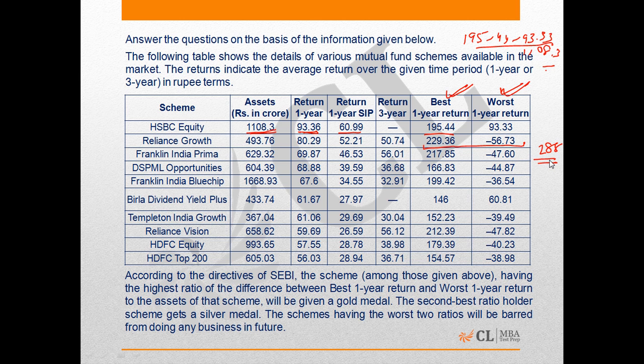As the ratio includes assets as well, and that too in the denominator, the ratio will be maximum if the denominator is of lower magnitude.